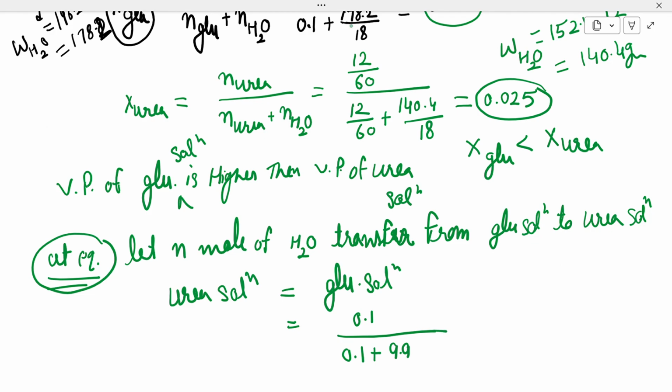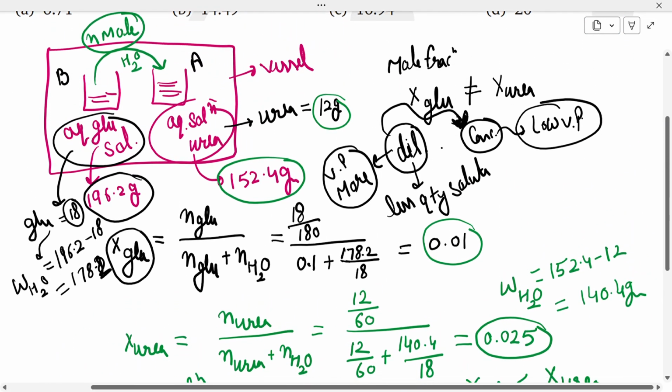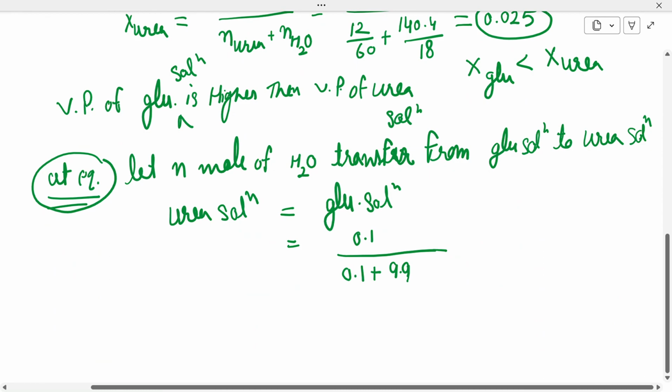So at equilibrium, the mole fraction of glucose in glucose solution will be 0.1 divided by 0.1, that is the moles of glucose, plus 9.9, that are the moles of water.